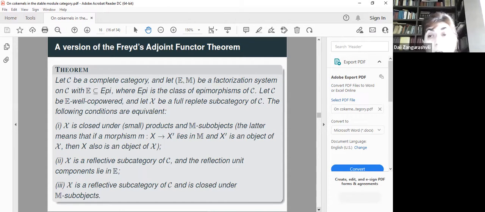And again, if some of you met this theorem somewhere in the literature, I will be grateful if you indicate this source to me, because I don't know whether this result is new.